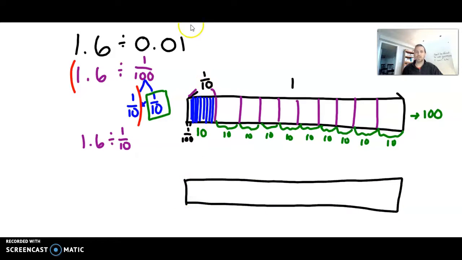I'm going to have to decompose this again into tenths with 9 lines. 4, 5, 6, 7, 8, 9 lines. And I want 6 of those. So maybe I get my highlighter out here and I want 6 of them. 1, 2, 3, 4, 5, and 6. I want 6 of these. Now, how much is that when we're talking about hundredths?